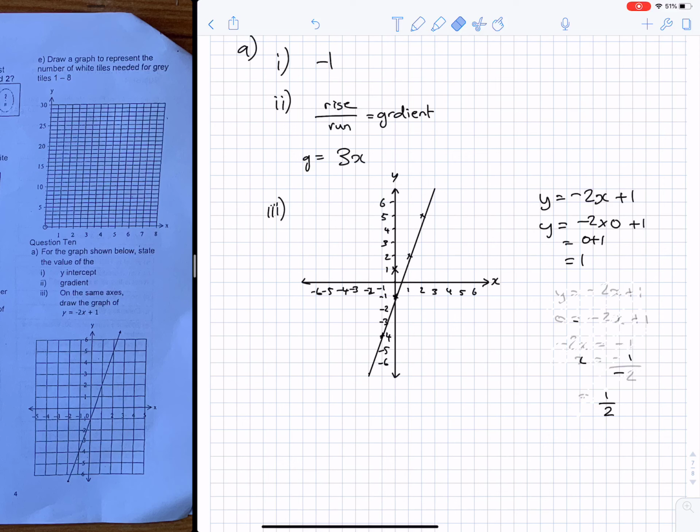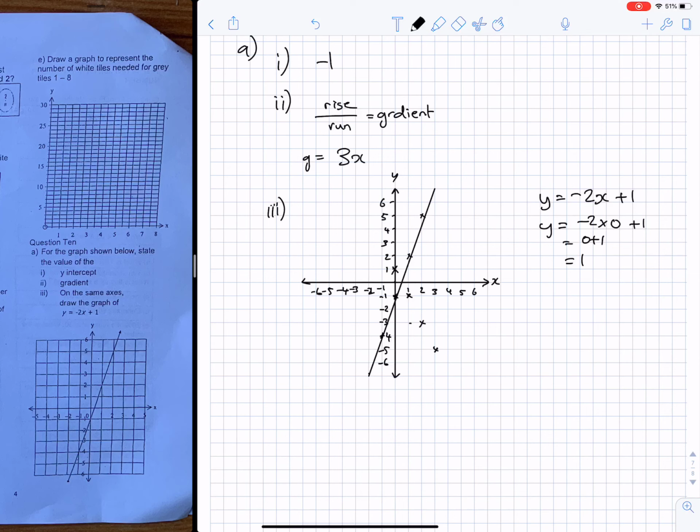We can draw a line from one coordinate, which is 1, and a gradient, which here is -2. So down 2, and across, and it says plus 1, so to the right 1, right? Down 2 and to the right 1.